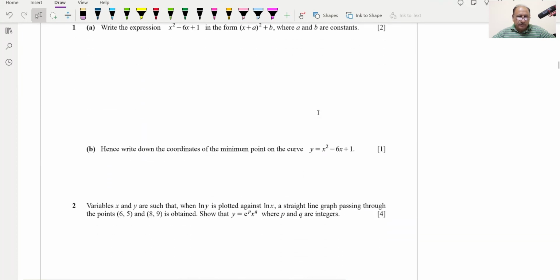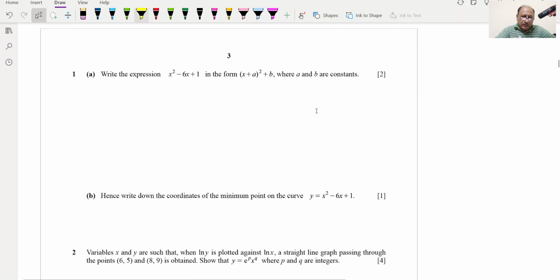Question number 1 says write the expression in this form, which is a completing the square question. We know the completing square technique.